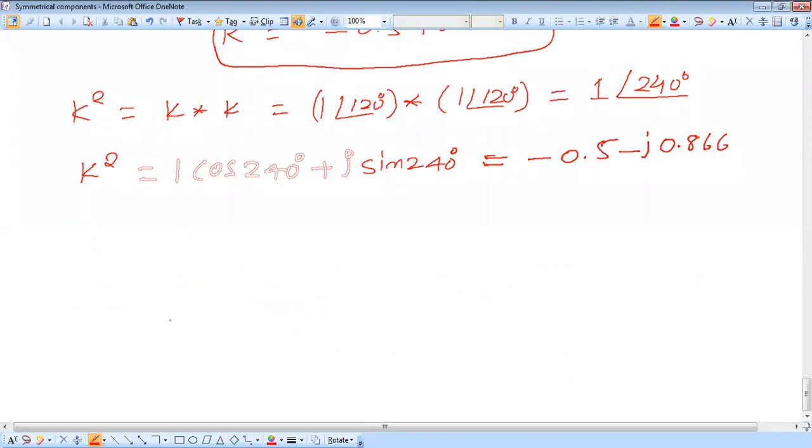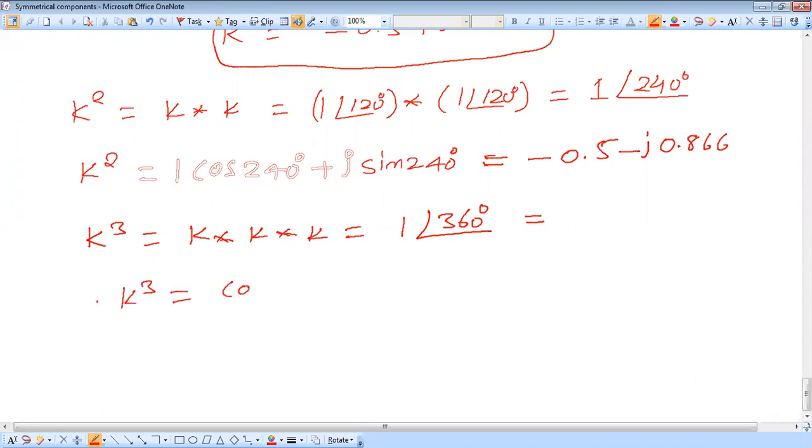Next we are going to the K cube value. K cube equals K into K into K. In polar form, I can write directly 1 at an angle of 360 degrees, since 120 plus 120 plus 120 is 360. In rectangular form, K cube equals cos 360 plus j sin 360.